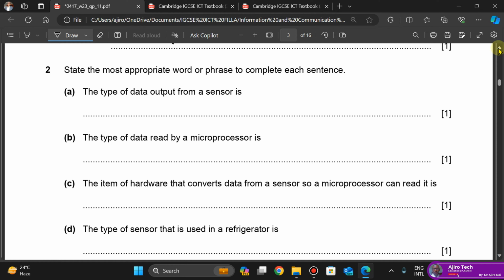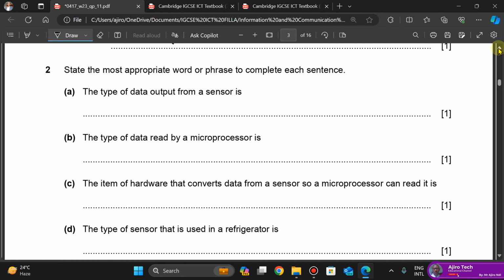What the sensor does essentially is gather data and send it to the computer. Once it is sent to the computer, it becomes digital, because we have digital and analog. Digital simply means that is what the computer understands.